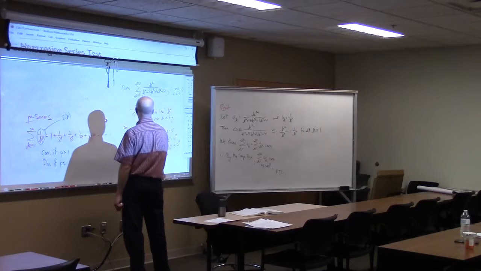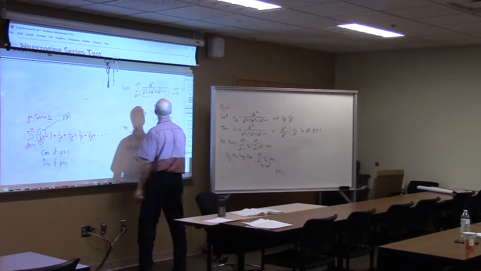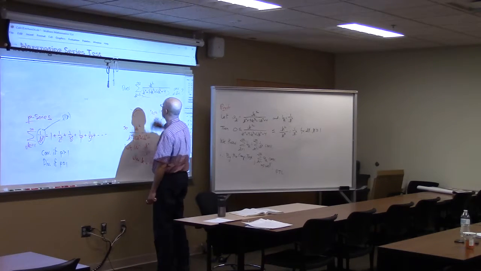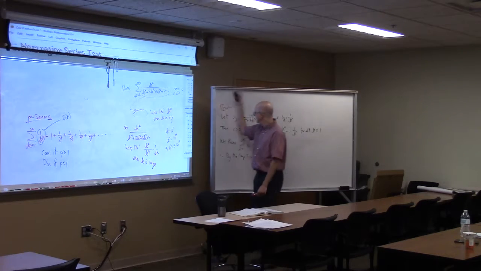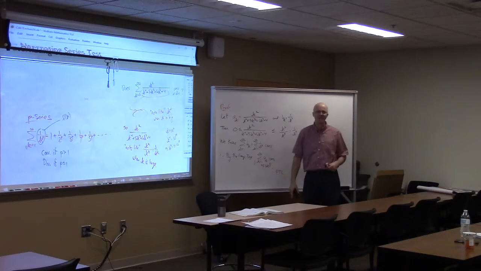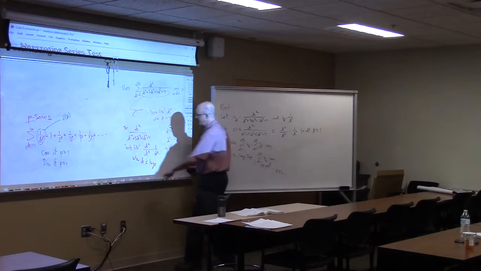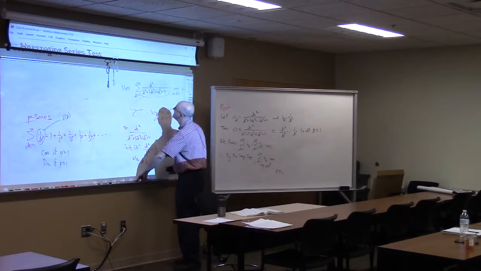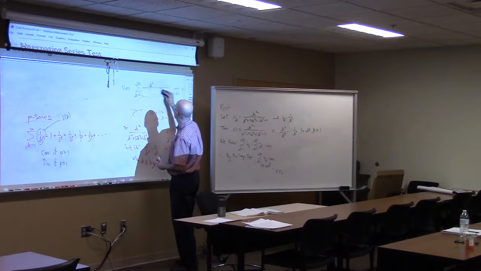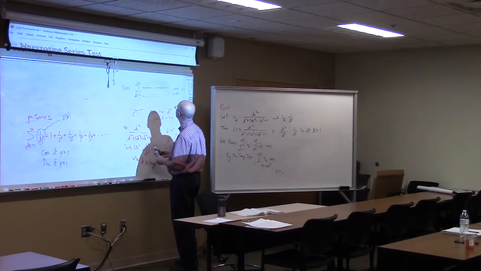What about an example where you get divergence? What I'm going to do is go through the whole spiel again and make appropriate adjustments. You may want to just watch and take notes later if you watch the video. I'm going to make a series that diverges here.